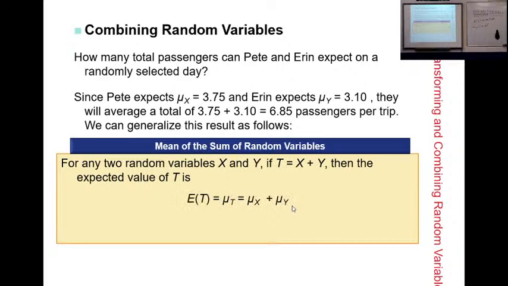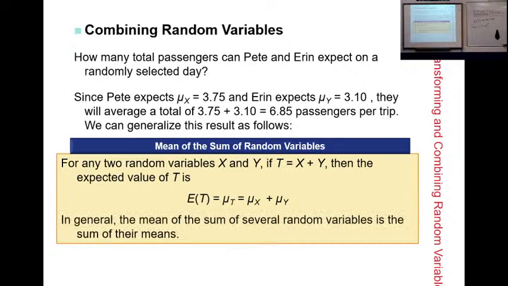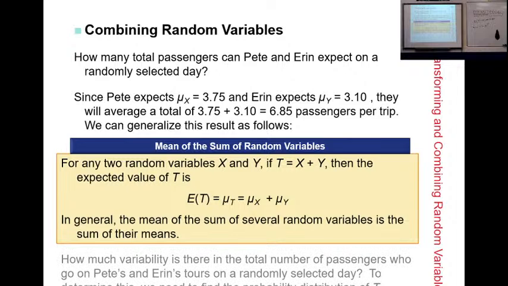So the expected value of the combination of the two is going to be the sum of those expected values.